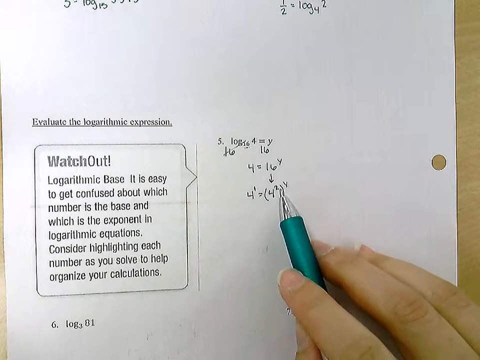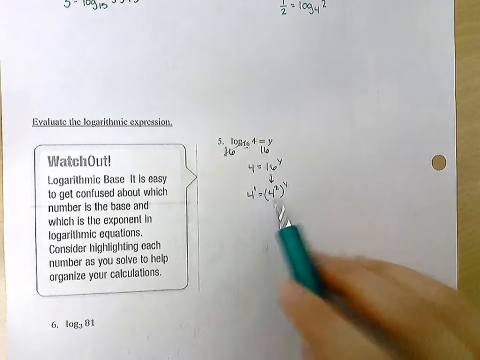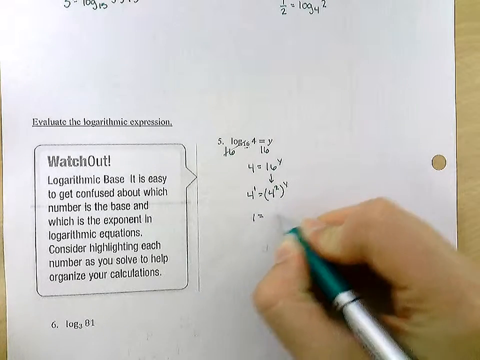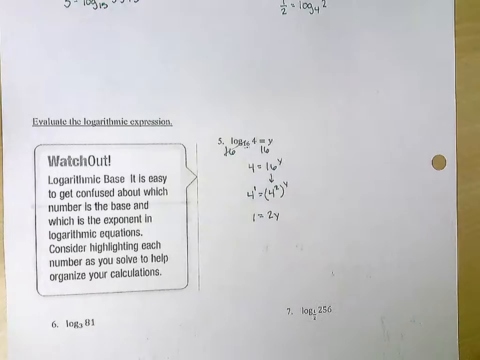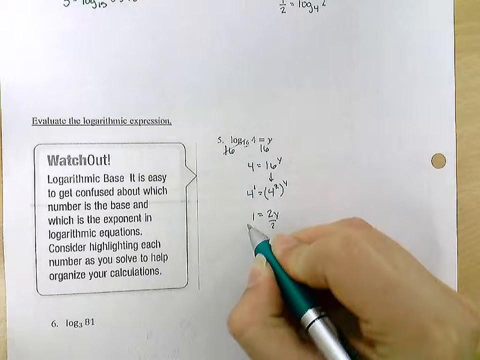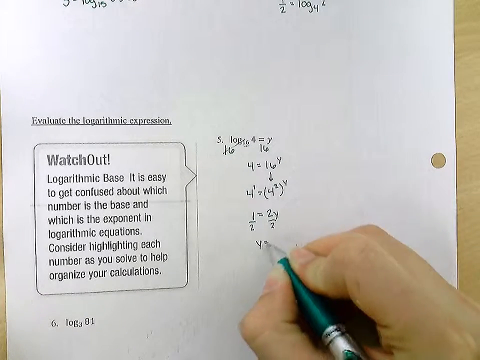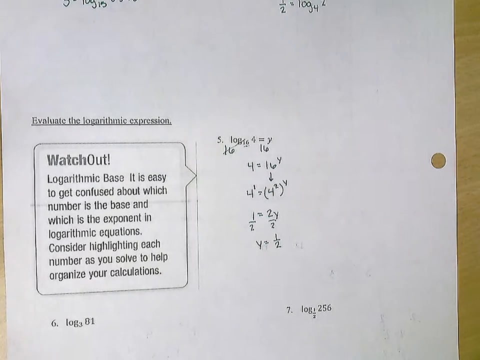So I can now set both of my exponents equal to each other since I have a common base. So I have 1 is equal to 2y. Divide by 2. Y will be equal to 1/2. So we can solve this logarithmic expression the same as an exponential. We just first have to change it into that exponential expression.